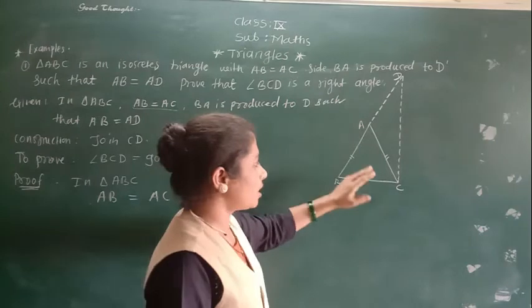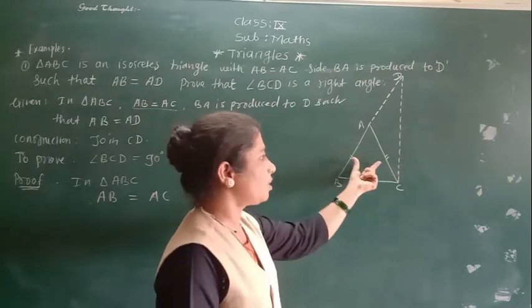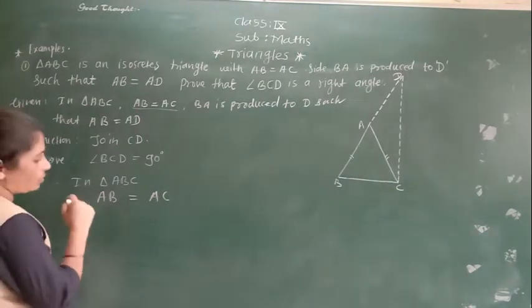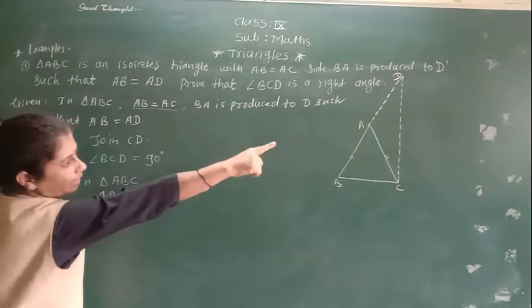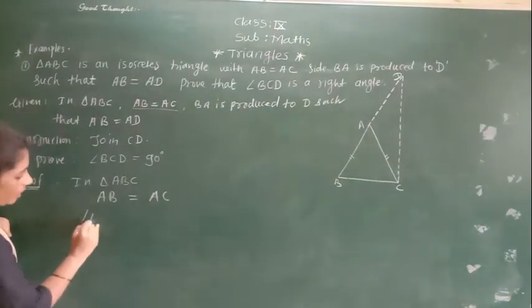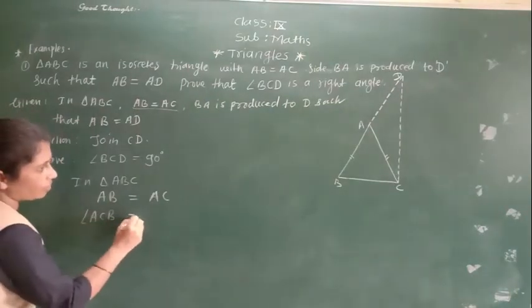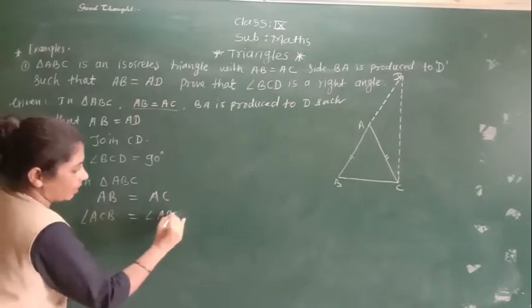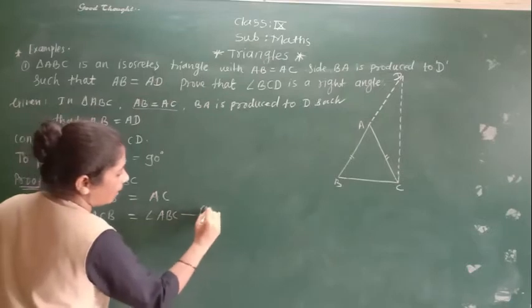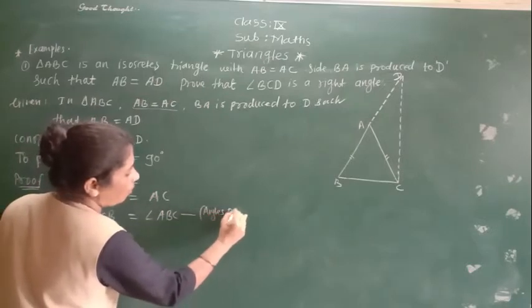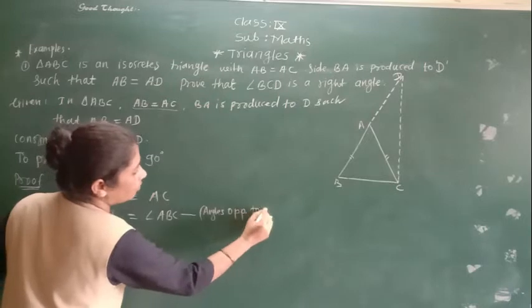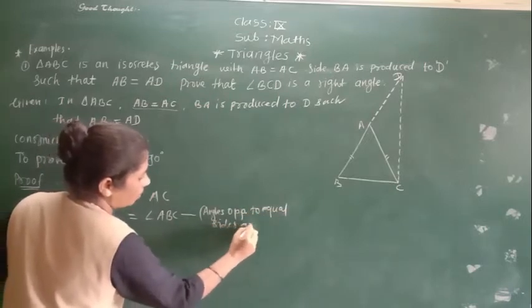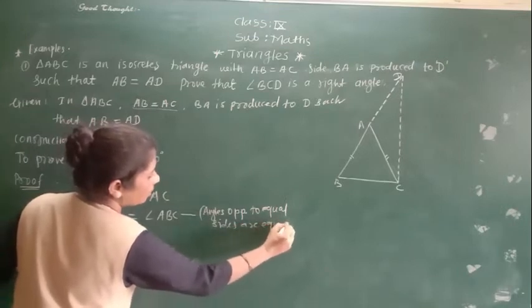So angle ACB equals angle ABC. The reason is: angles opposite to equal sides are equal.